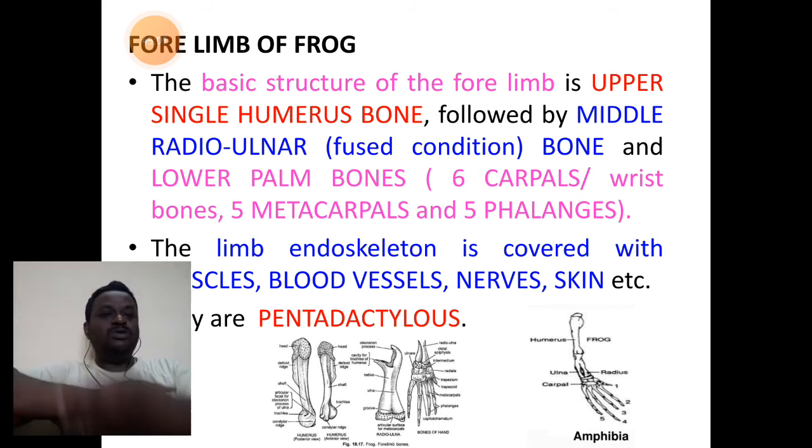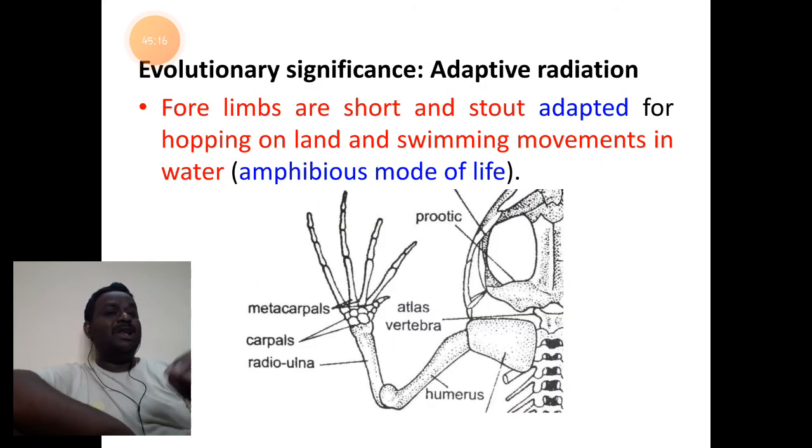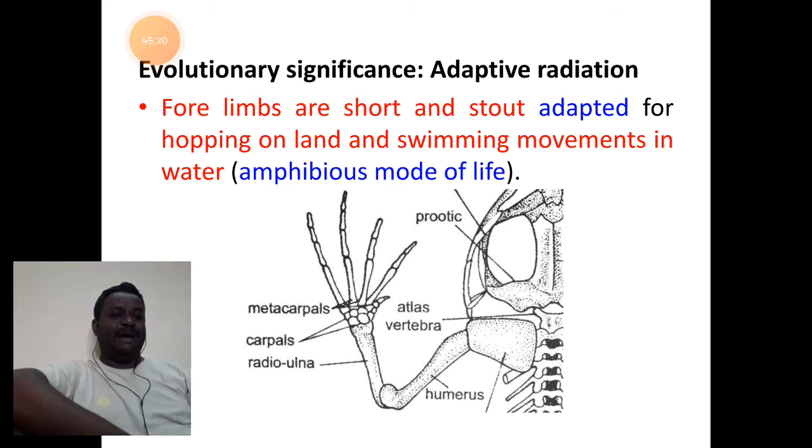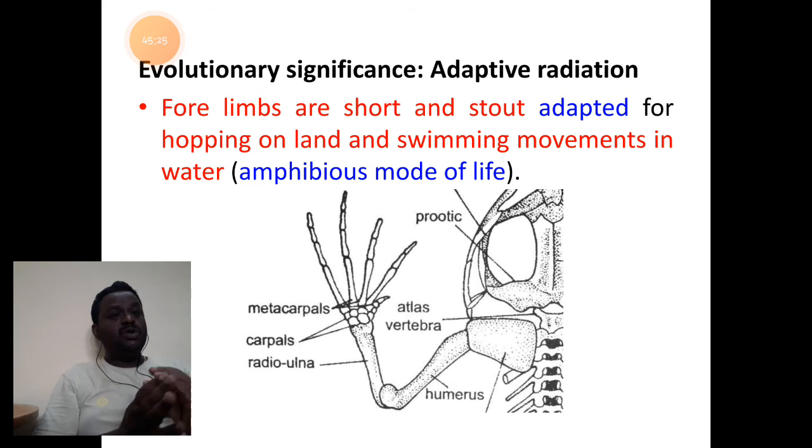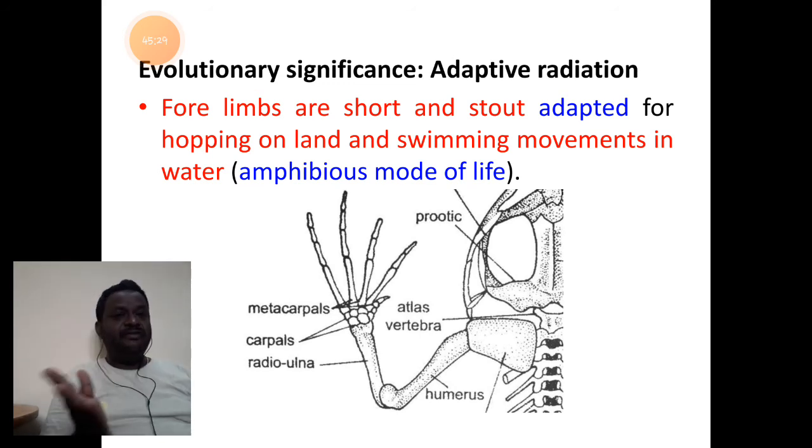The arrangement outside these bones has muscles, blood vessels, nerves, and skin, showing the limb arrangement, pentadactylous in nature. So, evolutionary significance: structure-wise it remains the same. That's what we had seen in the upper part. The evolutionary significance part shows how it is adapted to a newer environment, showing different functions, different lifestyle.